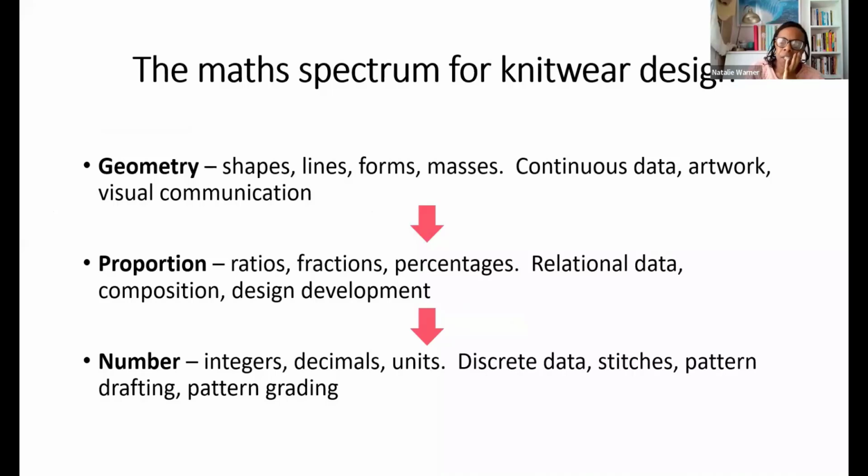I can't remember if I said this in the last class, where I said that decimals or numbers were the lowest form of maths. But in a way, it's more like the end game for knitting. And this little chart here is my way of putting that together for you.